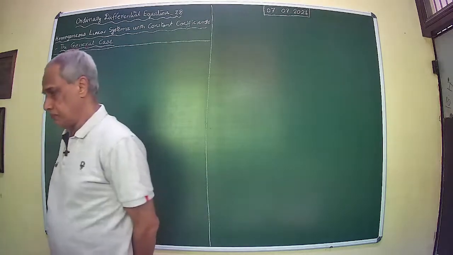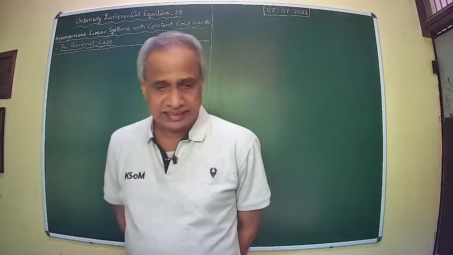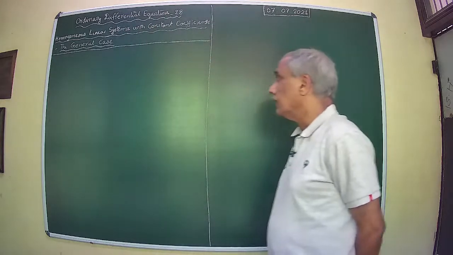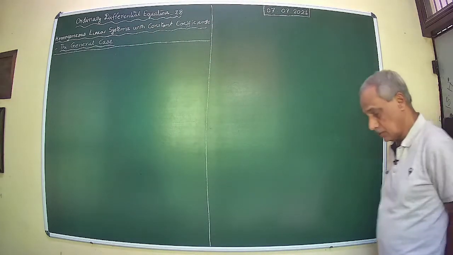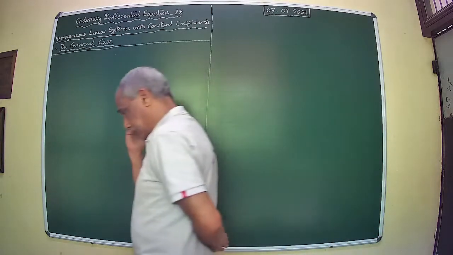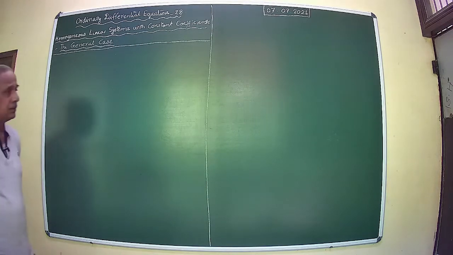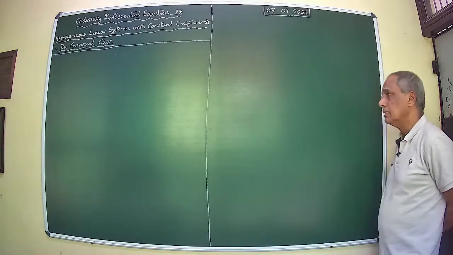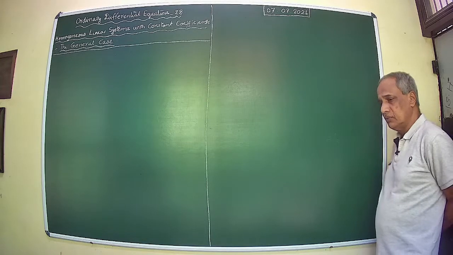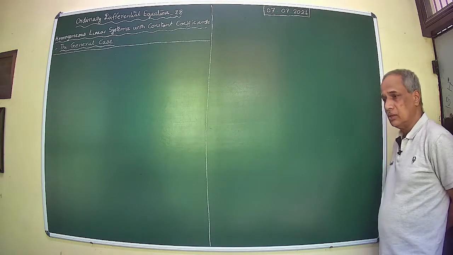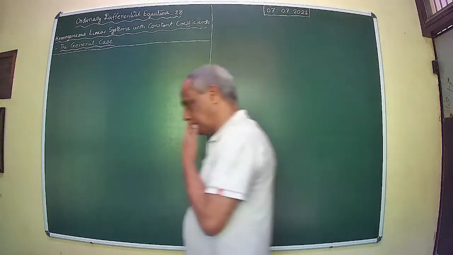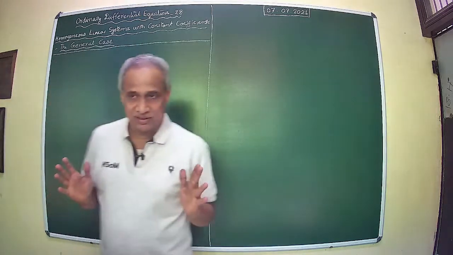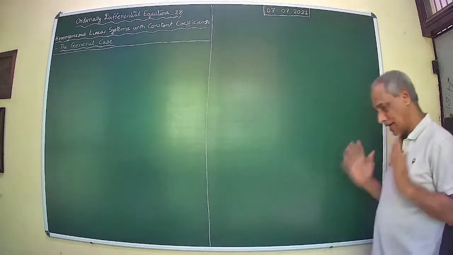Now, we have taken up details of a simple scenario, namely assuming the matrix A of constant coefficients is diagonalizable with only real eigenvalues. So the statement is fully loaded. There are things like we are assuming that there are only real eigenvalues.